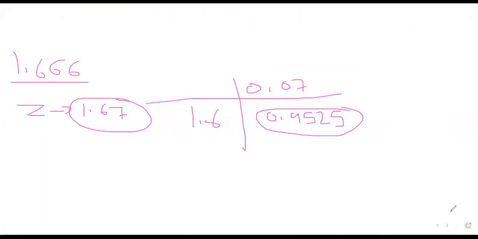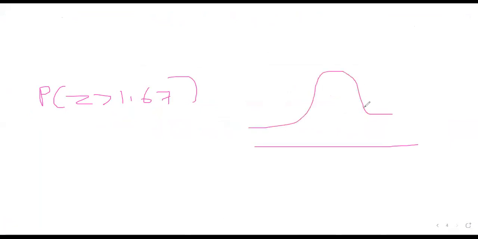For instance, if we're asked to find the probability that Z is greater than 1.67, we illustrate it, and 1.67 is here. The whole reading from here to here is 0.9525.